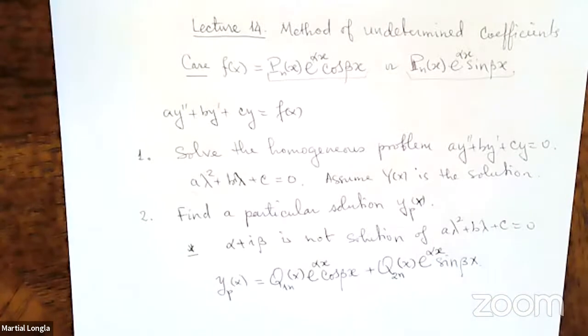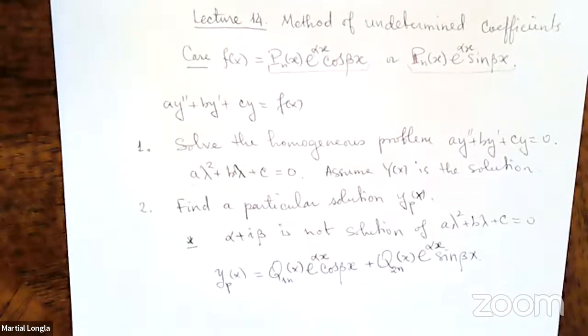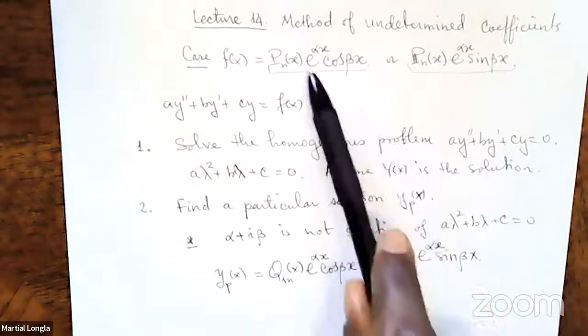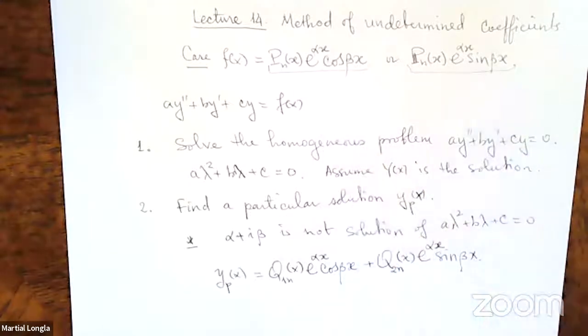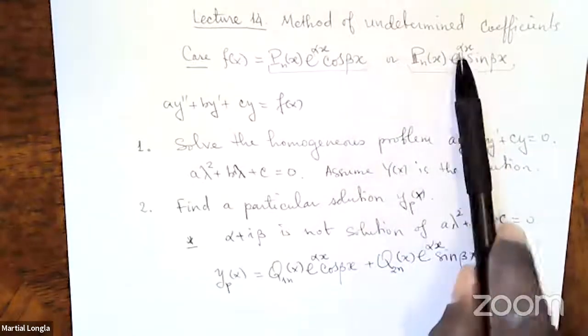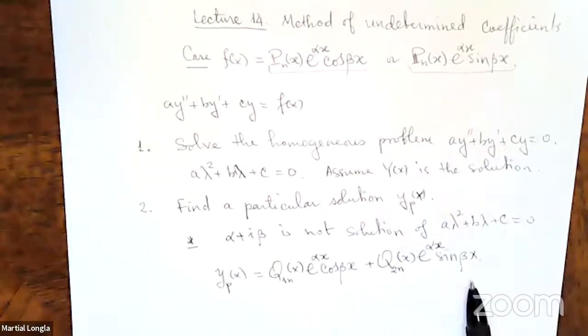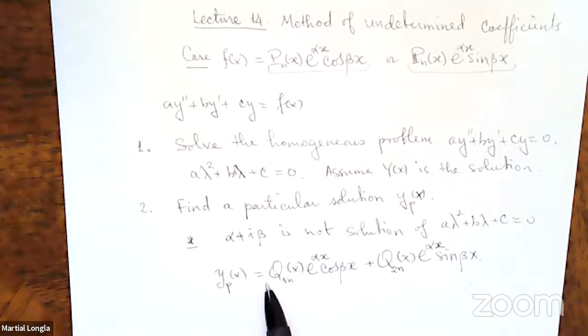And again, I emphasize that it doesn't depend on whether here I got cosine or I got sine. No matter which of them is present, I'm always going to look for a particular solution in the form polynomial of degree n times this and another polynomial of degree n times that.